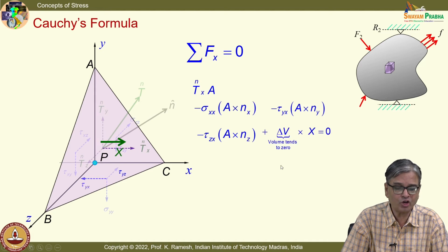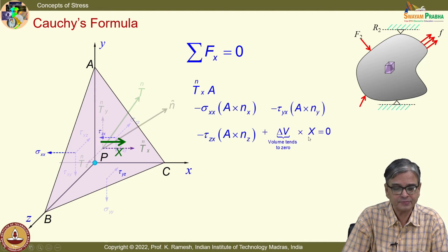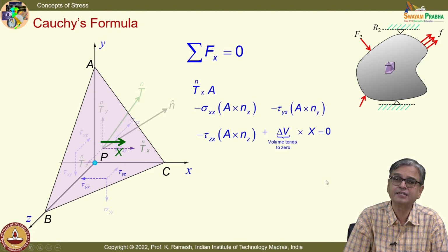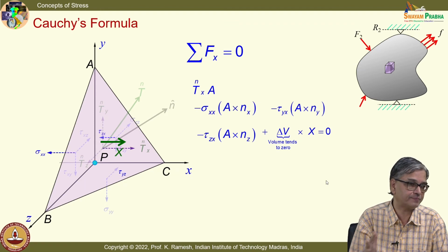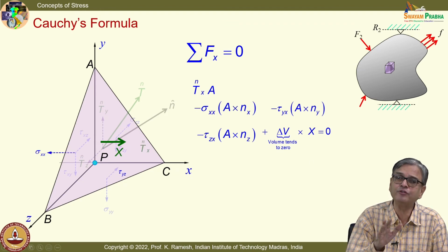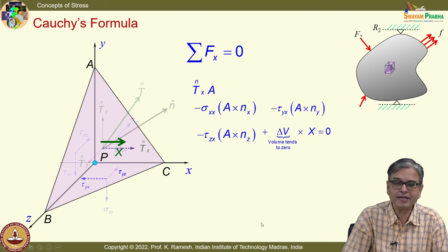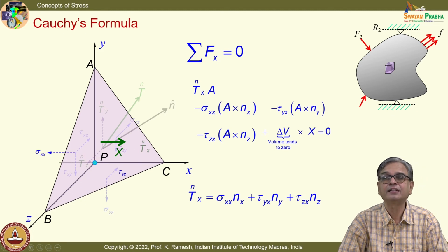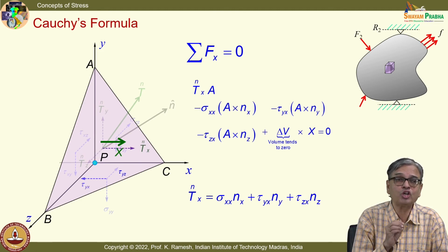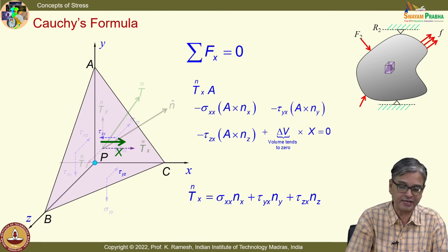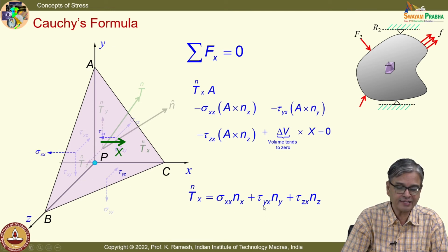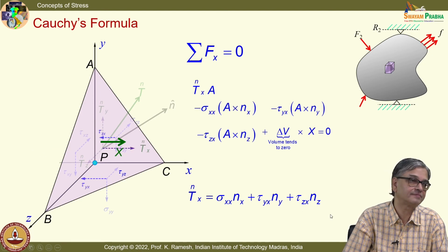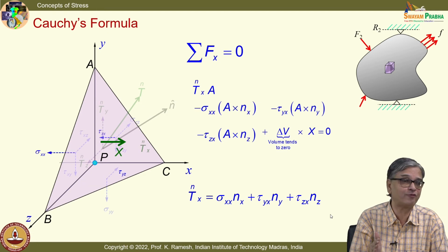So, I have the volume delta V that tends to 0, and this is again a multiplication sign, and I put the body force as capital X, it is force per unit volume. So, force per unit volume multiplied by volume will give you the force. You can divide by A, and when you do a simplification, I get a very nice expression: Tnx, the component of the stress vector in the x direction, is simply sigma xx nx plus tau yx ny plus tau zx nz. It is as simple and as straightforward from this.